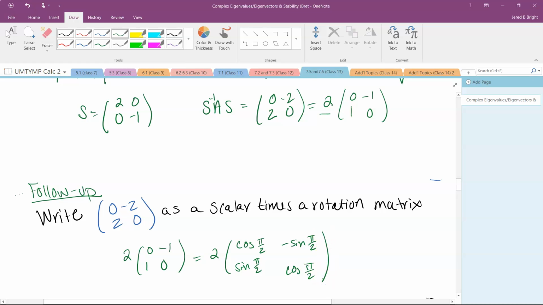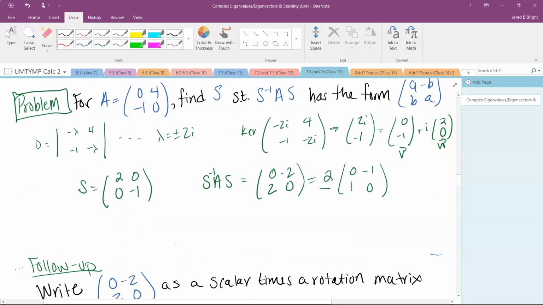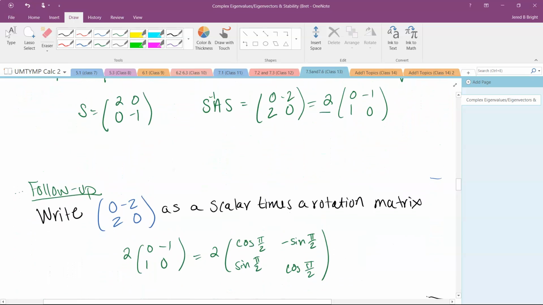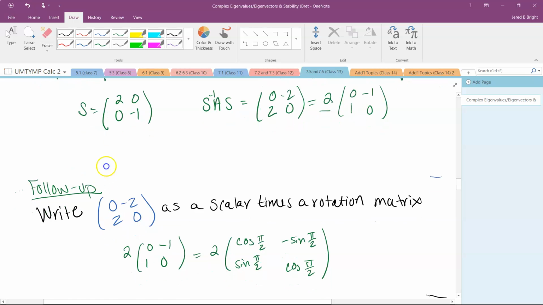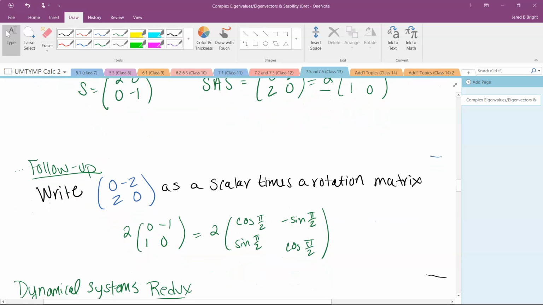That's why we can view S inverse A S as a rotation scaling matrix. We'll see this pop up in the next video, and we'll make use of it quite a lot when we're dealing with the behavior of dynamical systems that have complex eigenvalues.